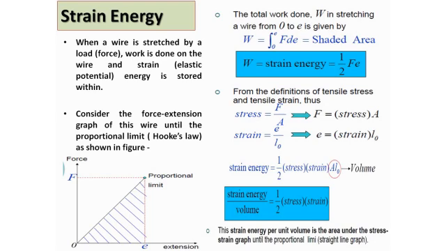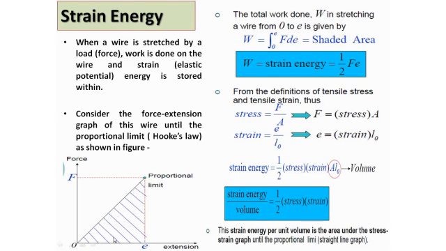So the total amount of work done in stretching the wire from O to E, suppose the wire has been extended to E, is W, the total work done. W is equal to the integral from 0 to E of F dE. dE is the small change in the extension, right? That is equal to the shaded area.